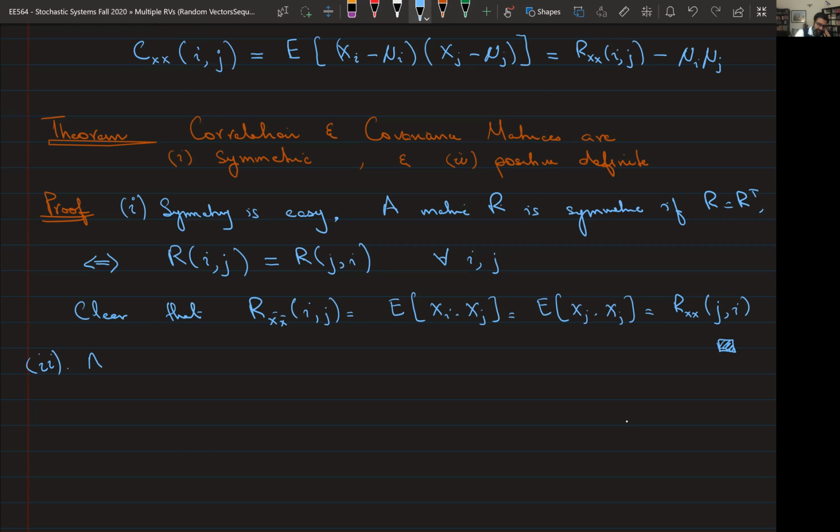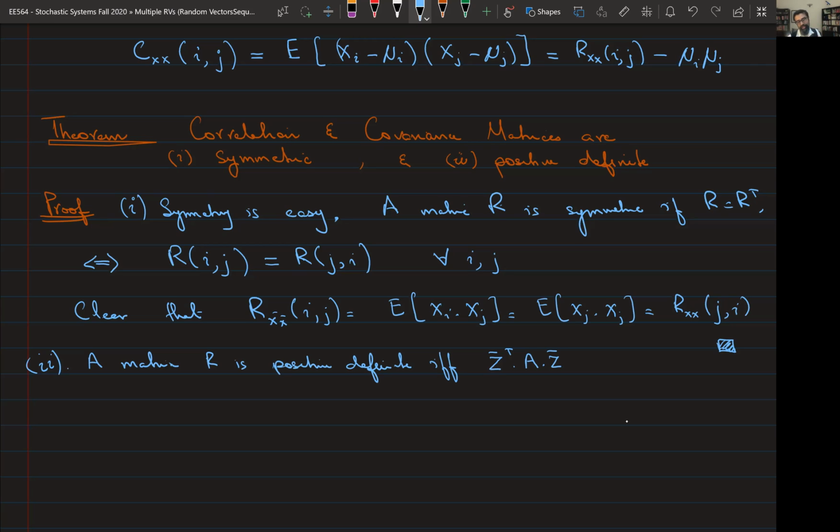Yeah, good. So a matrix A is positive definite if and only if this number z transpose times A times z, which turns out to be a scalar, is greater than 0.